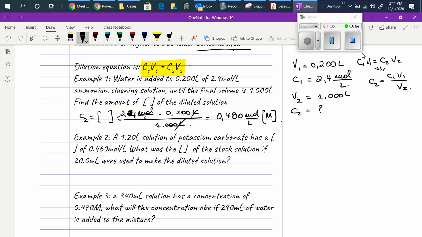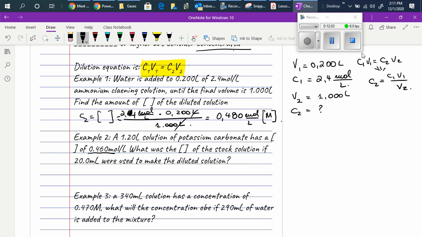Next example is a 1.20 liter solution of potassium carbonate that has a concentration of 0.460 moles per liter. What is the concentration of the stock if 20 milliliters were used to make the diluted solution?